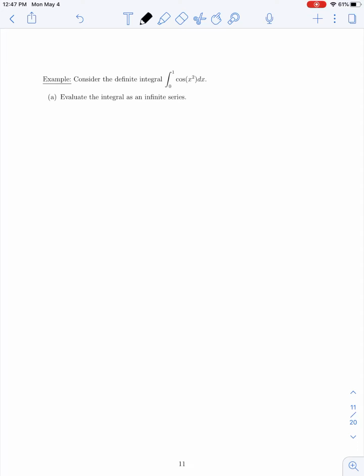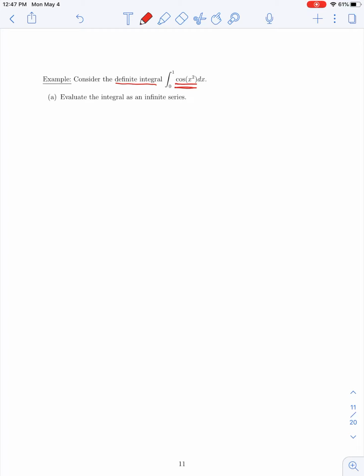So as our first example of this, let's consider the following. We are given a definite integral from 0 to 1 of cosine of x squared with respect to x. Now, normally, to evaluate definite integrals, we would find an antiderivative for our function, in this case cosine of x squared, and then evaluate it at the endpoints, 0 and 1.